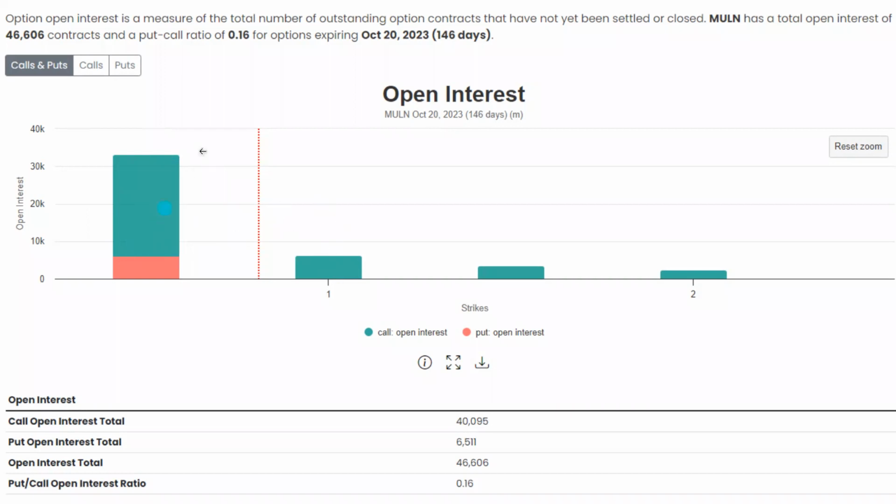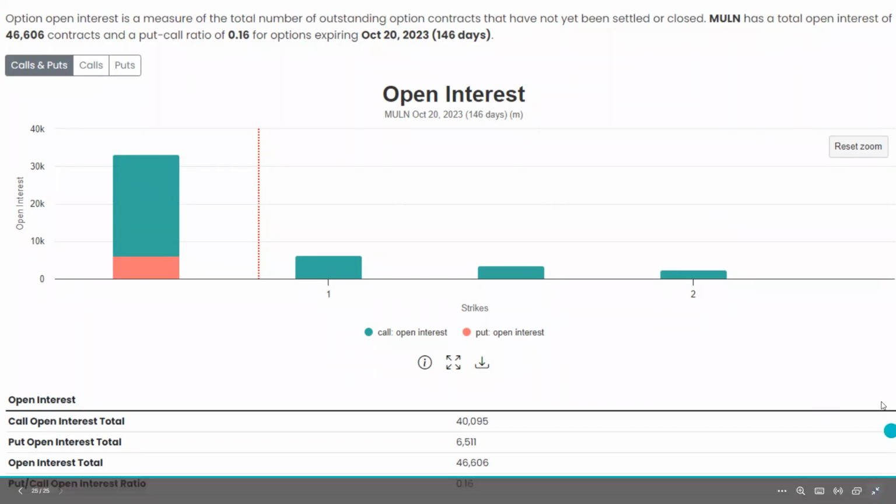So, 50 cents is really a key area for Mullen. If it loses that 50 cents mark, that could be a pretty rough situation for Mullen if a lot of these option chain people and the people holding these option contracts start to dump those contracts. That's definitely something you want to watch out for and be aware of, right?